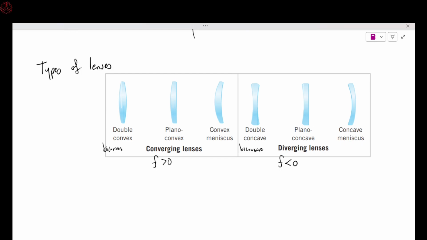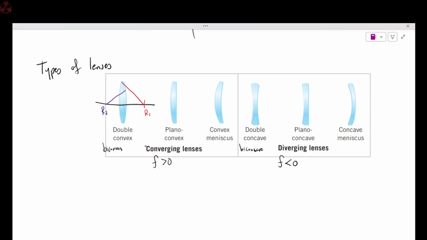Okay, now the double convex lens, if we were to look at where the radii are, let me just use purple and probably red. Yeah, okay, we can find out where R1 is positioned. R1 is positioned here, and then R2 is positioned here.